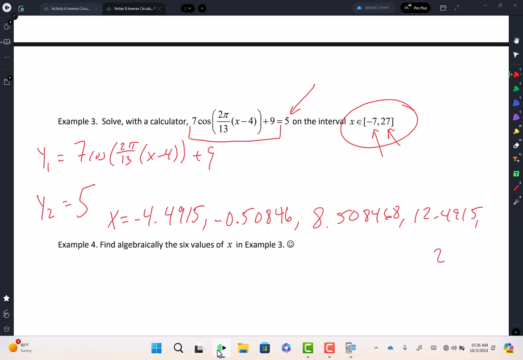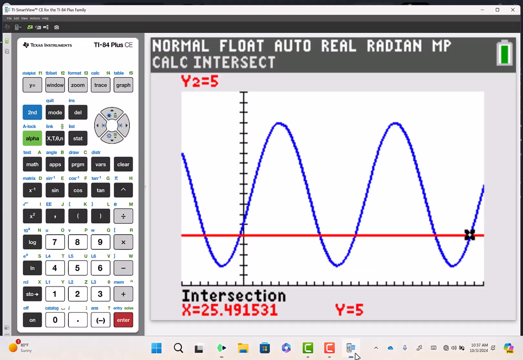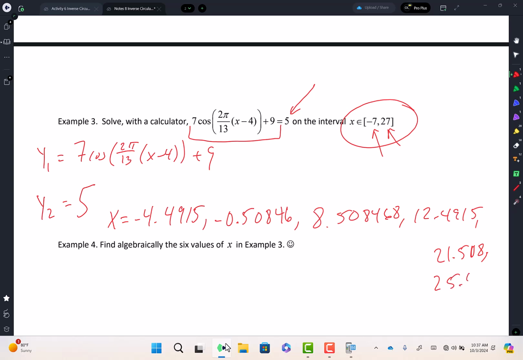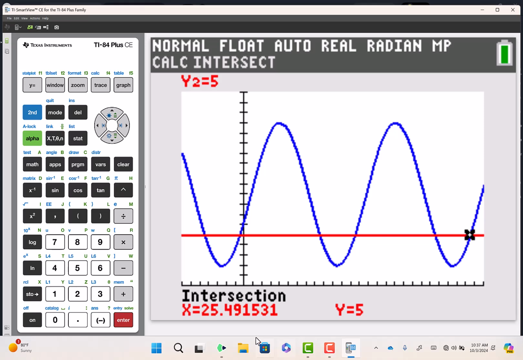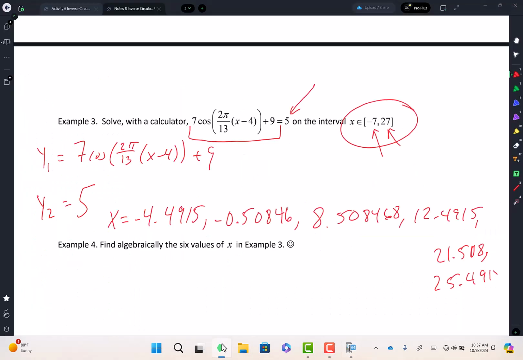Give me the fifth one. The fifth one and then the sixth one. 21.51508. And then what was this last one? 25. Short-term memory. 25.49. Was it 49? 4915. Okay, we got them all.